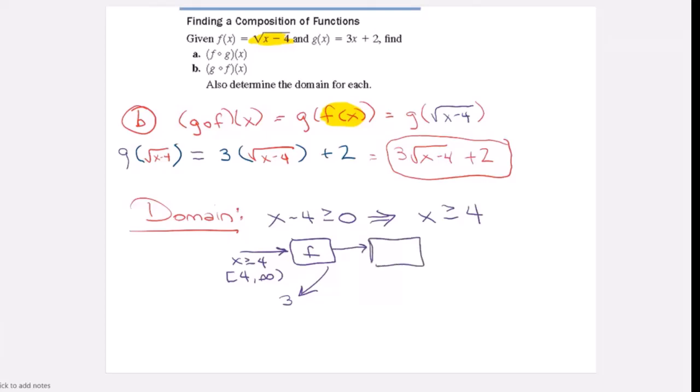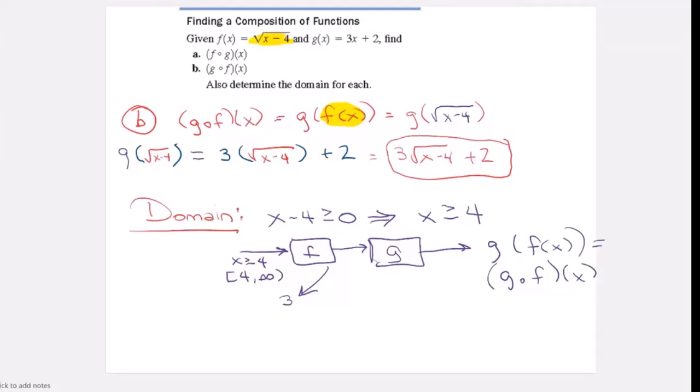If it goes through, it goes into g. And g is not going to stop anything. You can put any value in for g, so there's not a problem in g. And then out will come g of f of x, which is the same as g composed with f of x.